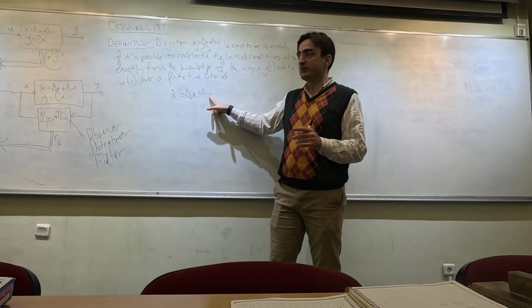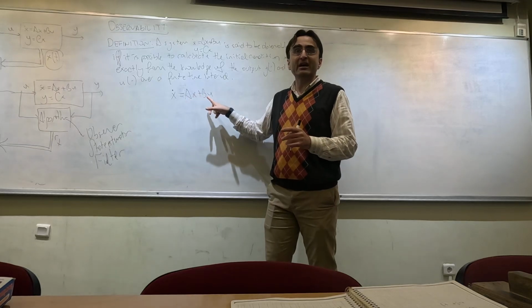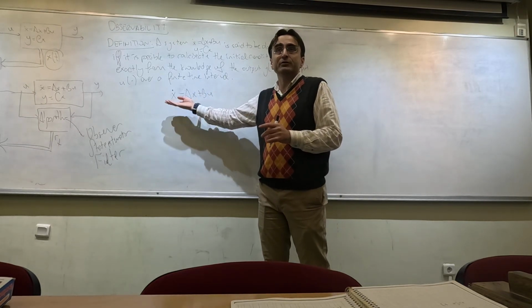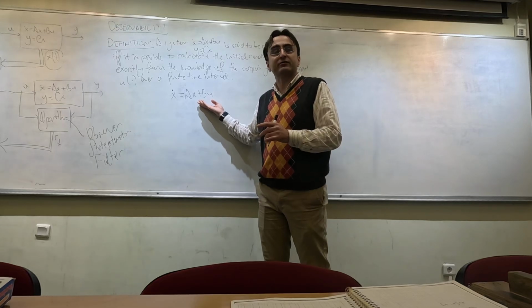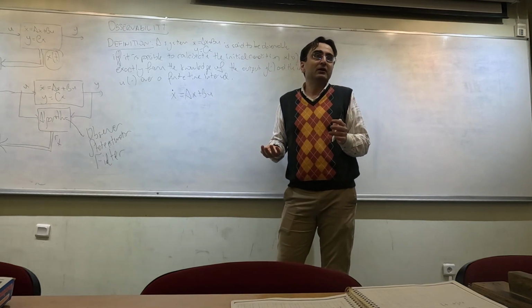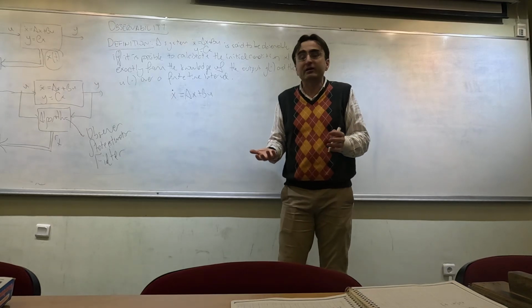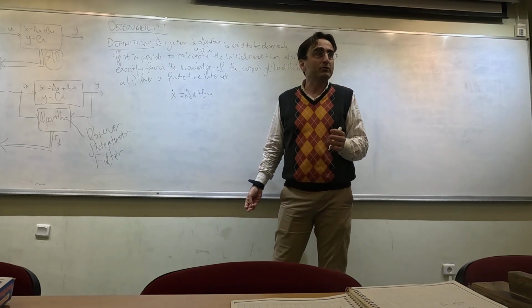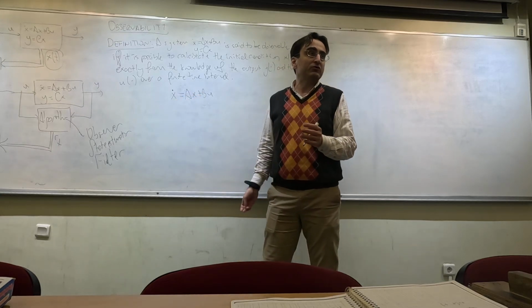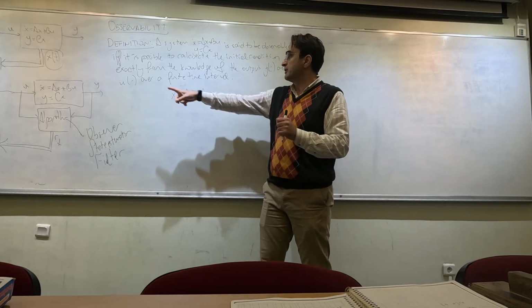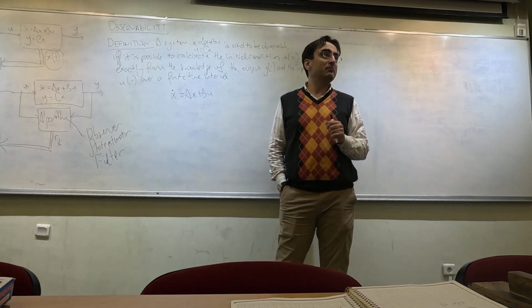The observer will know A and B. So the only thing the observer needs in order to solve for x of t for any time is the initial condition itself. If it knows the initial condition, we can use a differential equation solver in a computer and solve this differential equation for that specific initial condition and for the input that we are measuring.